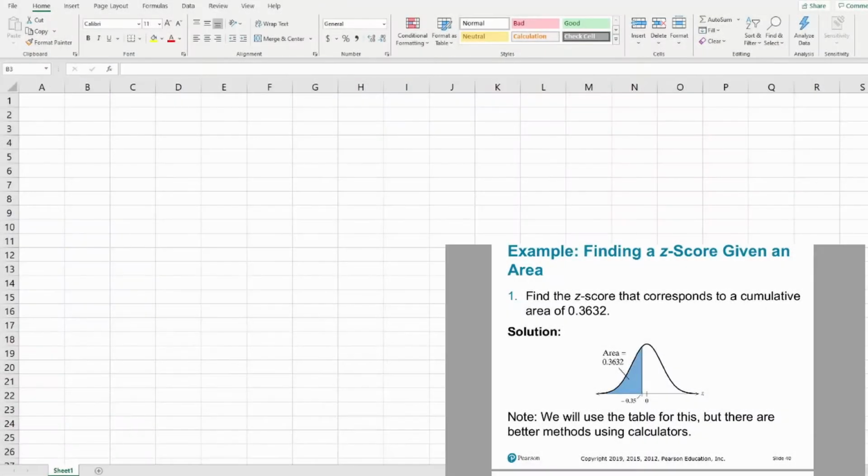Now we're looking at how we can do these inverse normal type computations in Excel, where if we have something like this, it's what it's actually perfectly designed for: finding the z-score corresponding to a cumulative area of 0.3632.